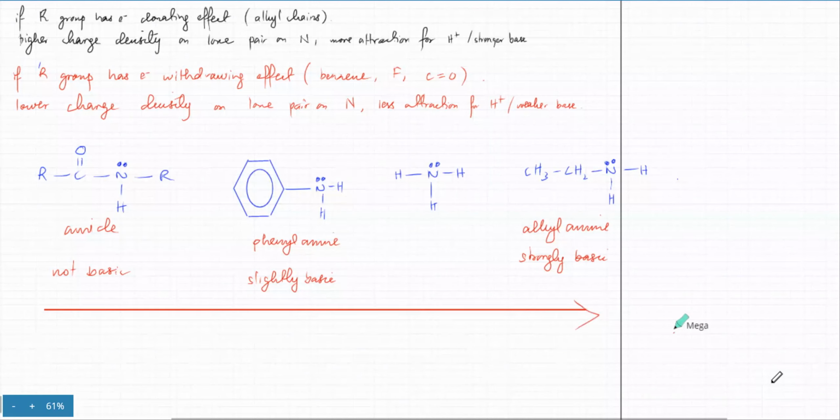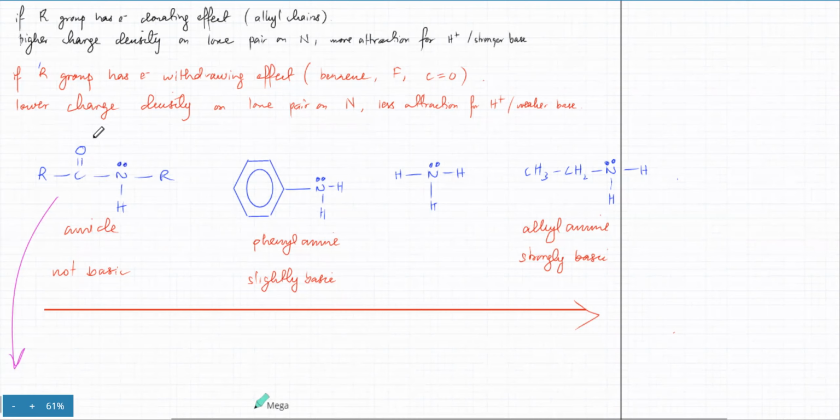And the reason for that is fairly obvious. Remember, amides are not basic. So each time you're going to be asked for an explanation. Why are they not basic? The reason this is not basic is that the C double bond O over here withdraws the lone pair electrons.